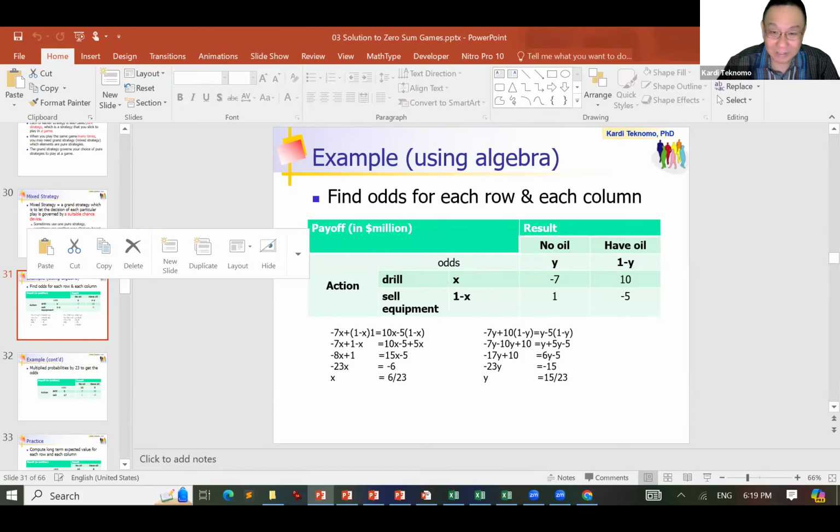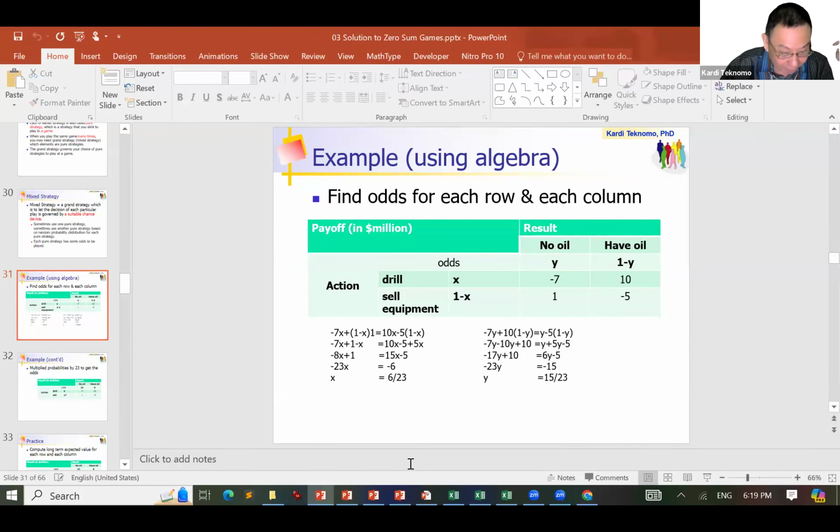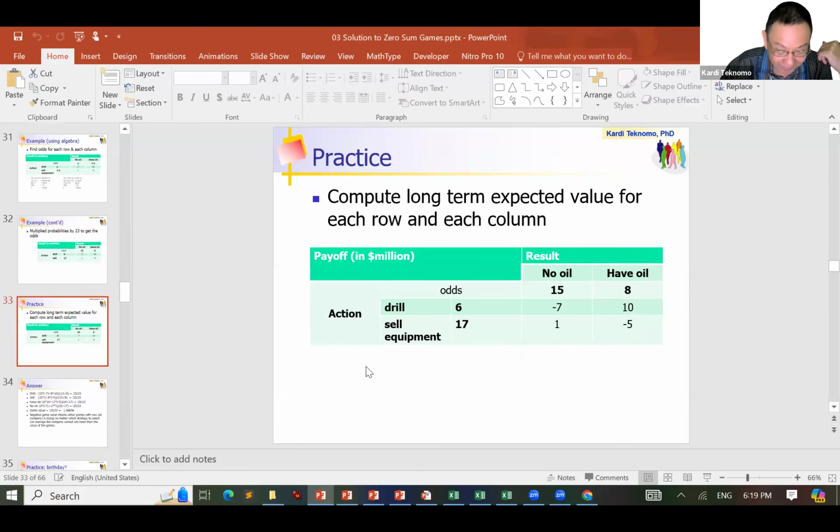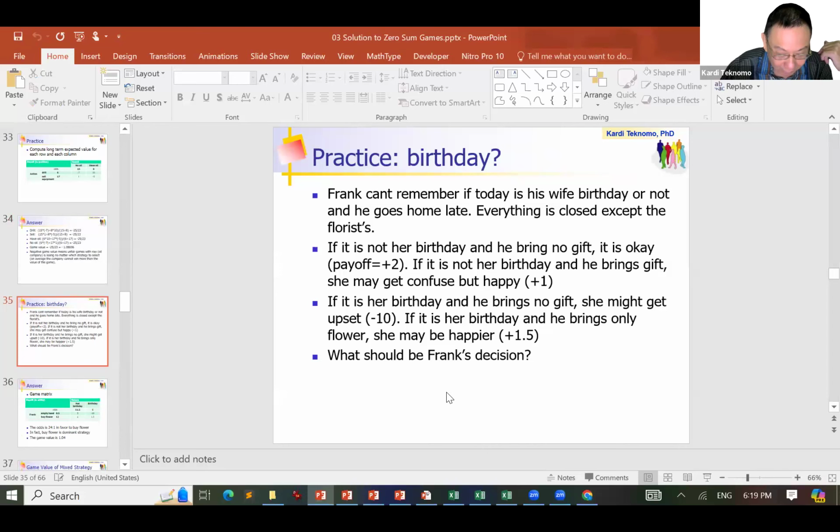Solver in Excel or in Google Spreadsheet. Now, instead of algebra, I will give you a trick.